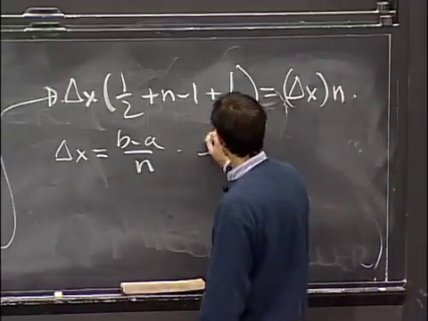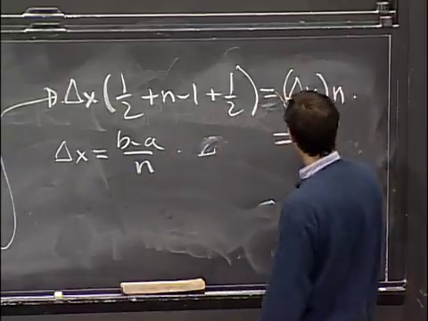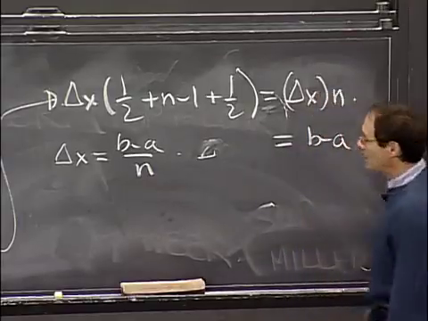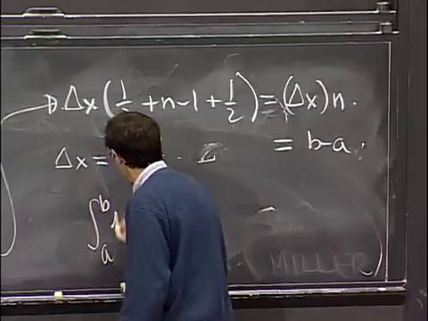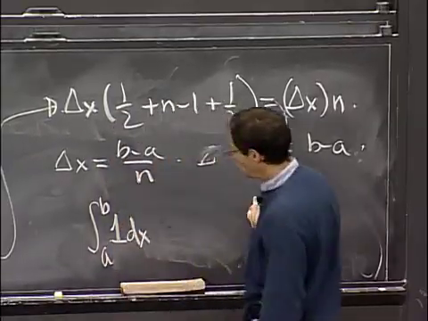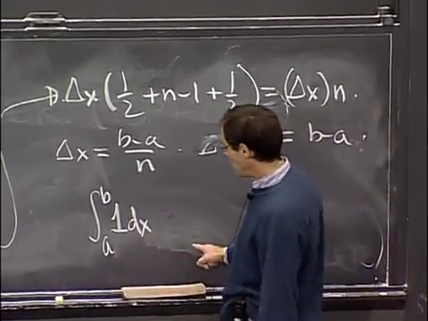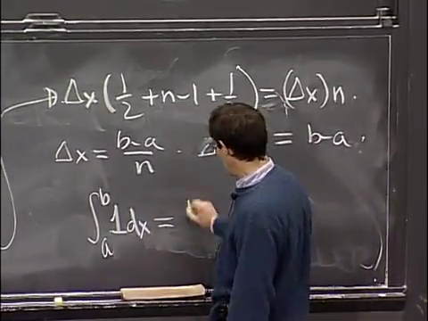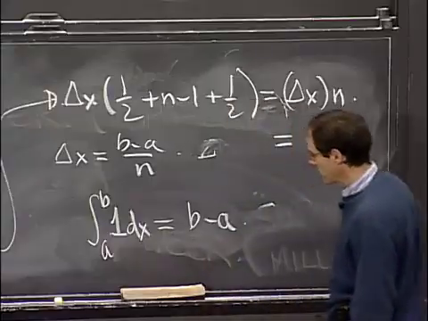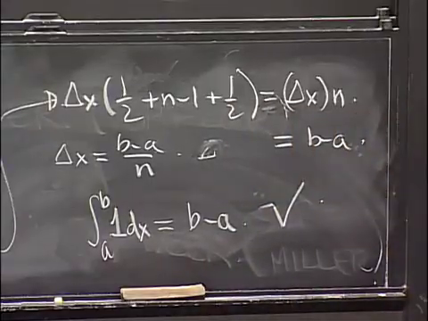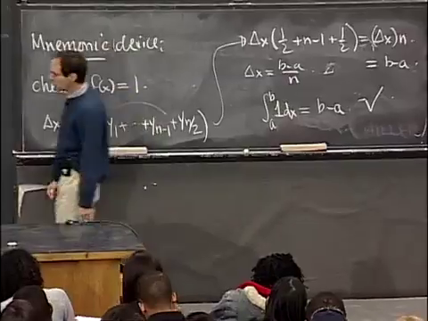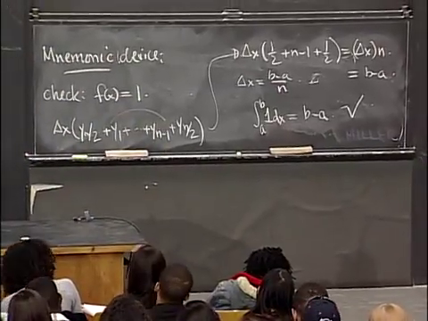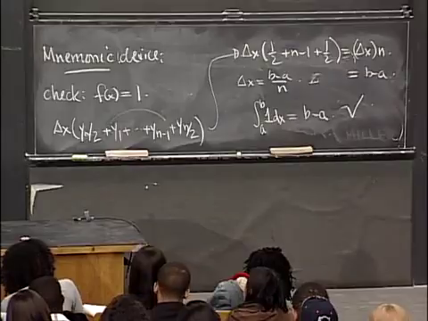So this is equal to b minus a. And that's just as it should be. What we just calculated is an approximation to this integral here, which is just the area of the rectangle of base b minus a and height 1, which of course is b minus a. So this is the check that you got your weighted average correct here. You've put the correct weightings on everything. And you can do the same thing with Simpson's rule and match up those quantities.